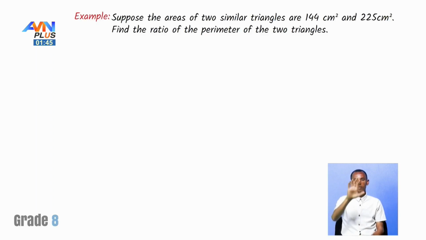Find the ratio of the perimeters of the two triangles.